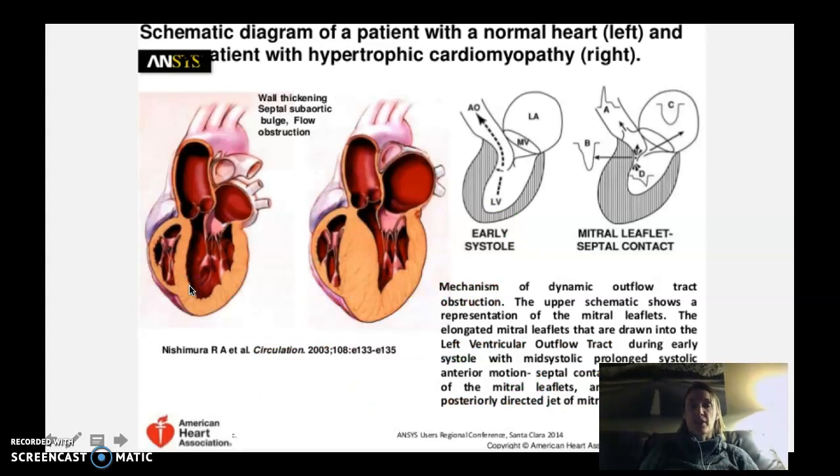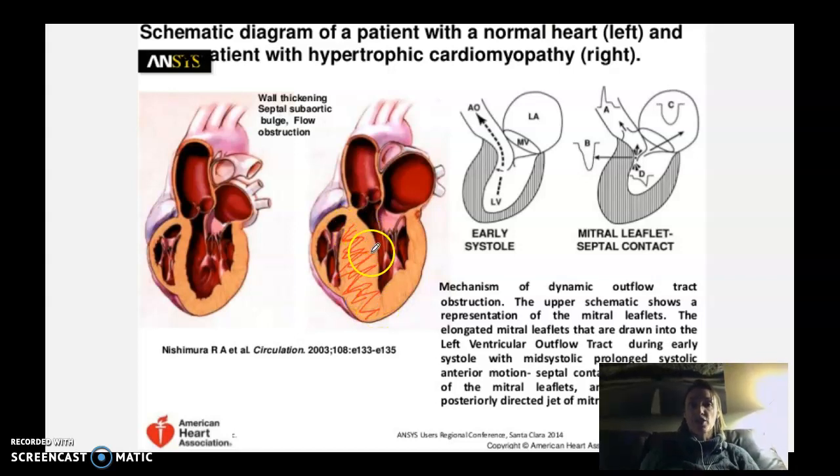So here's another picture of what's going on with hypertrophic cardiomyopathy. We have the regular heart right here, and we have a hypertrophic heart right here. And as you can see, this septal wall is abnormally thick. Hypertrophic cardiomyopathy is often a genetic problem that leads to abnormal thickening of the muscle.